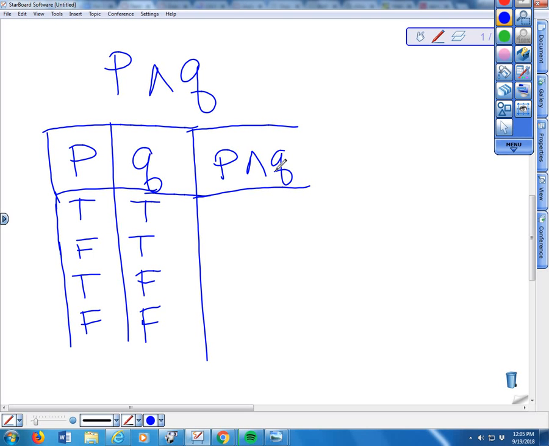I can't remember in the book if they do true, false first. I think they do. You want to do it the right way every time so that it's consistent.